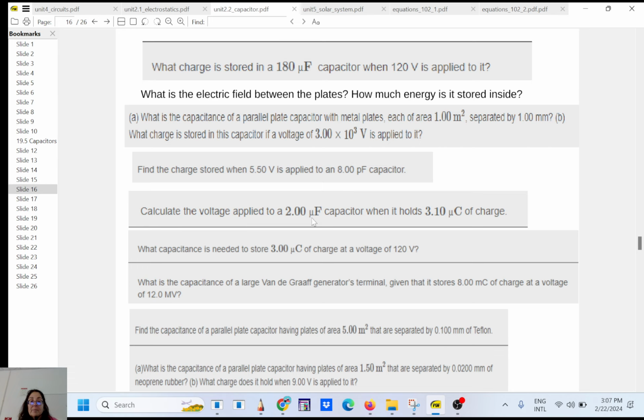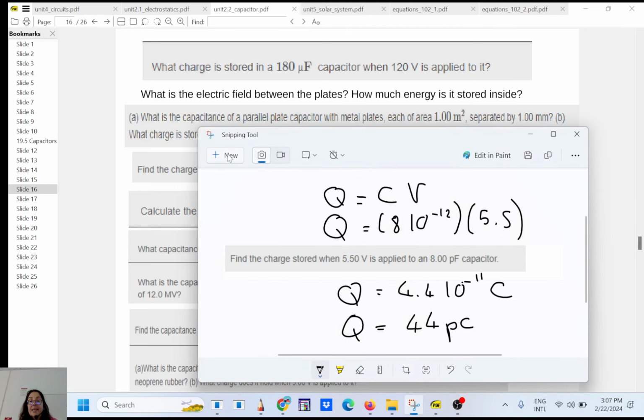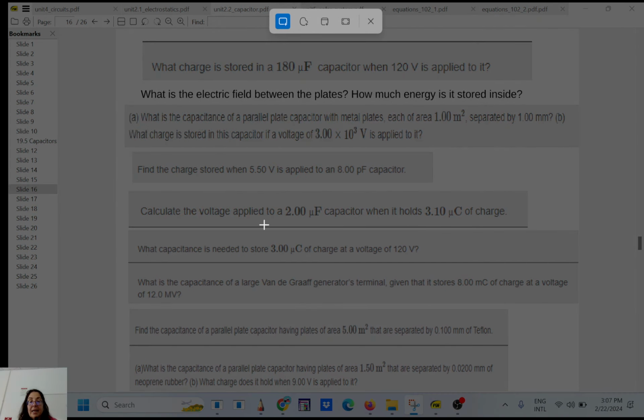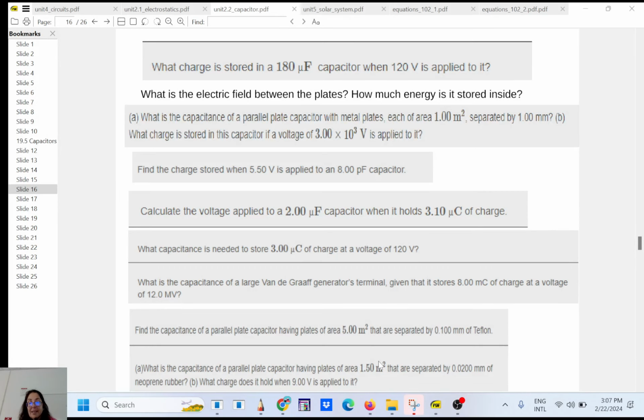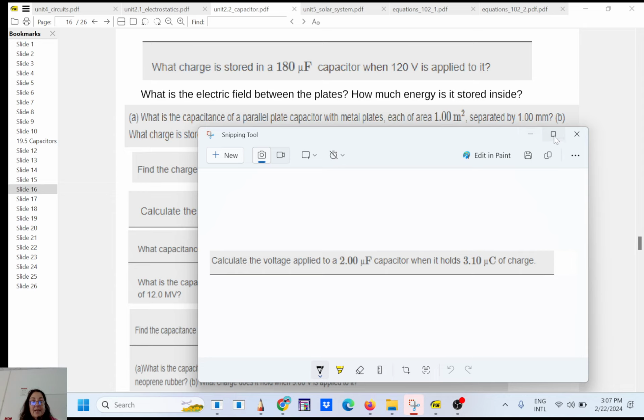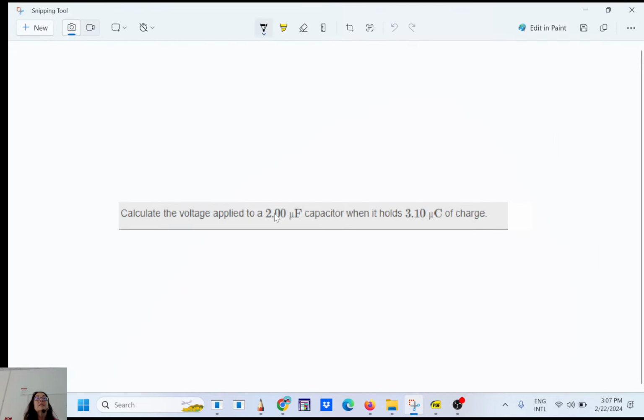We are just reviewing scientific notation. Isn't that cool? Okay, it's useful for chemistry, biology. You have to deal a lot with micro and pico. So calculate the voltage.